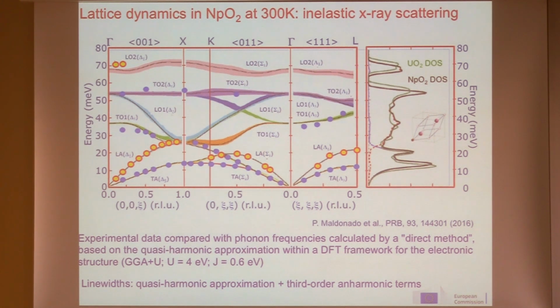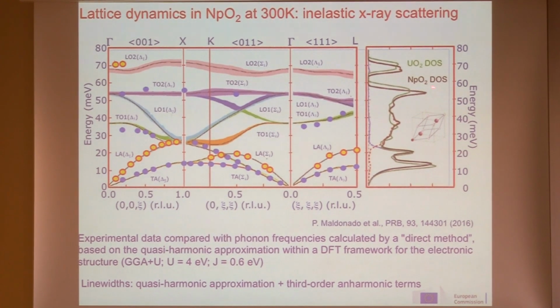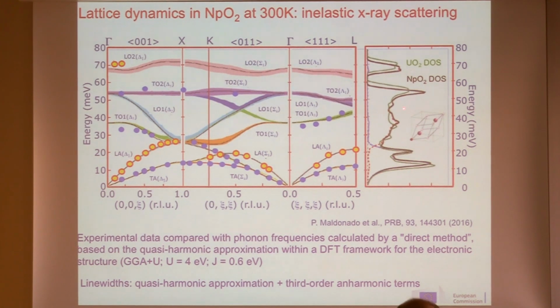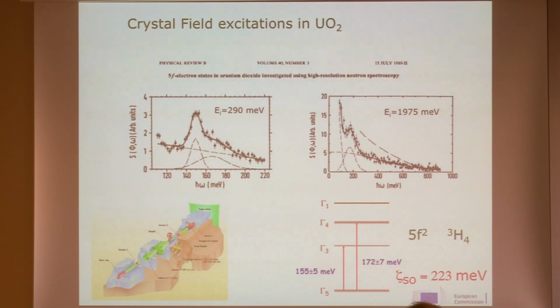What is interesting for the following is the observation of a sharp peak in the phonon density of states as a function of energy here at about 54 milli-electron-volt. Here the green curve is the phonon density of states of uranium dioxide and the black of neptunium dioxide. So this peak is important for understanding the ground state of neptunium dioxide, as I will show later.